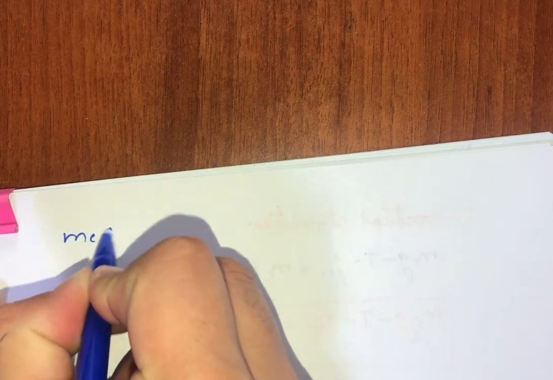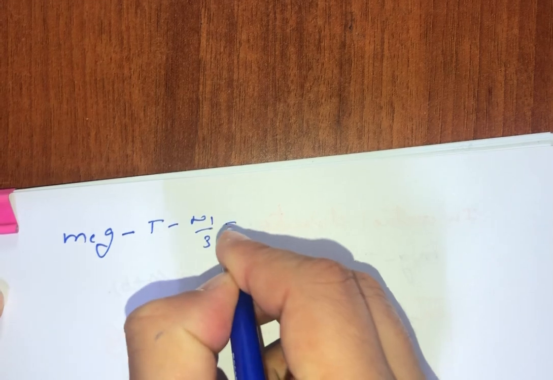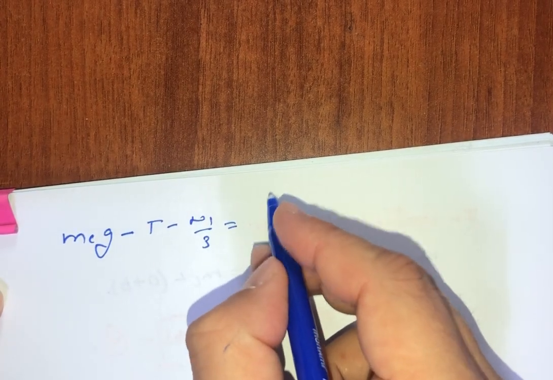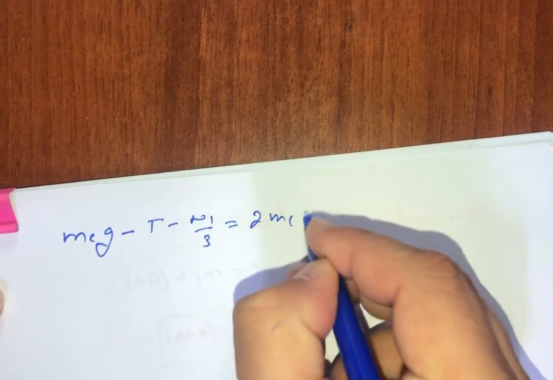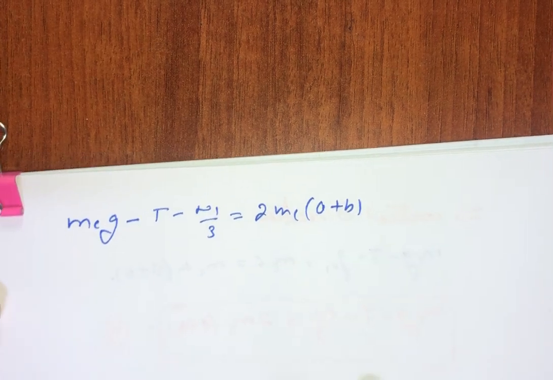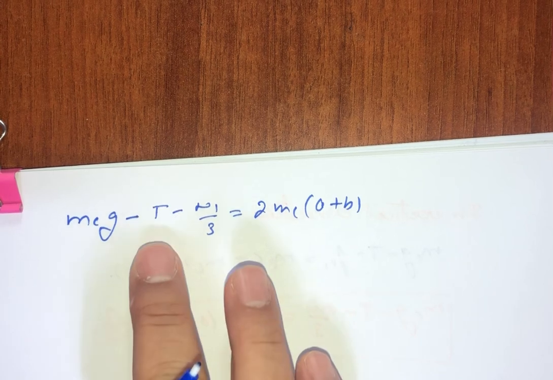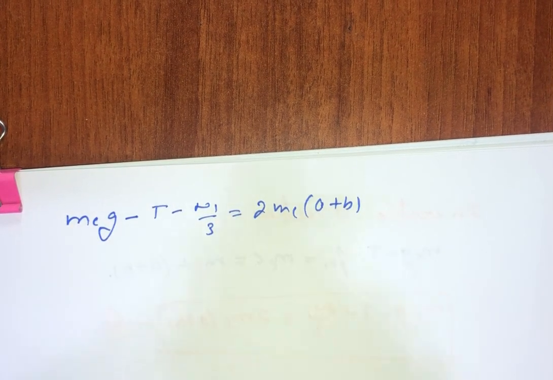Further, we already know that mCg minus T minus N1 is equal to mC times (2(a plus b))... I think this should be equation number 4. Now in this equation, we are going to substitute the value of N1 as well as T and the respective values of mass.